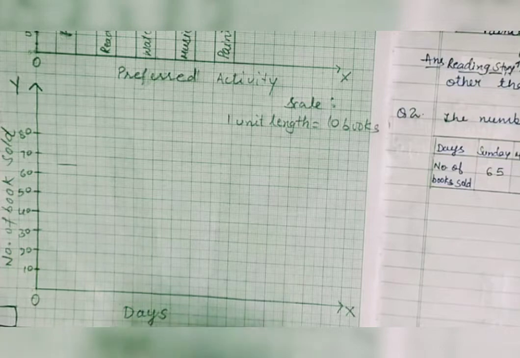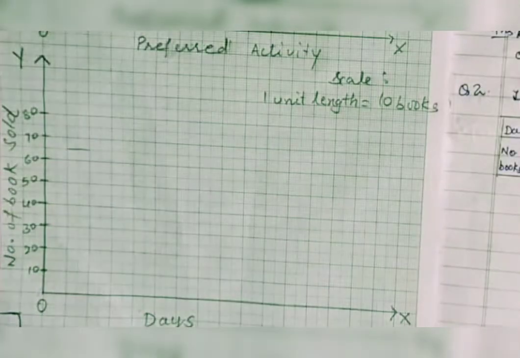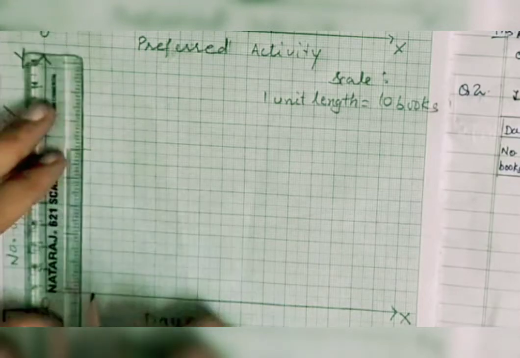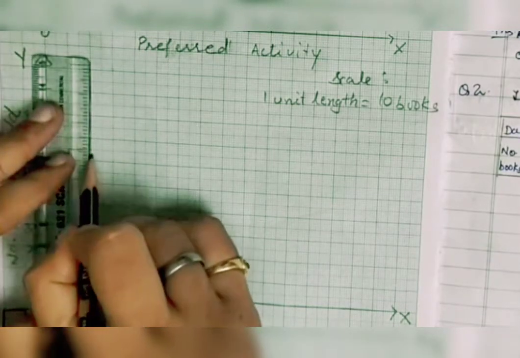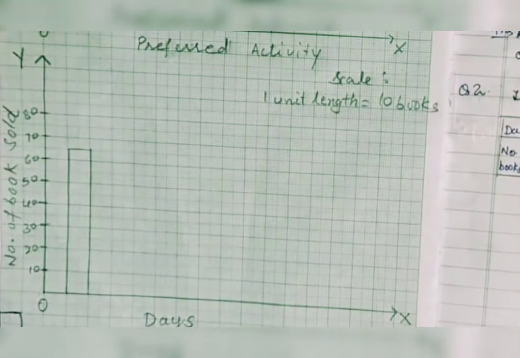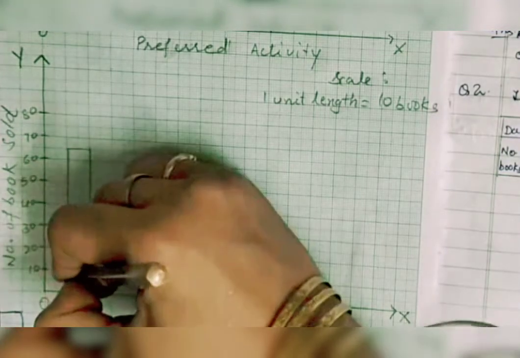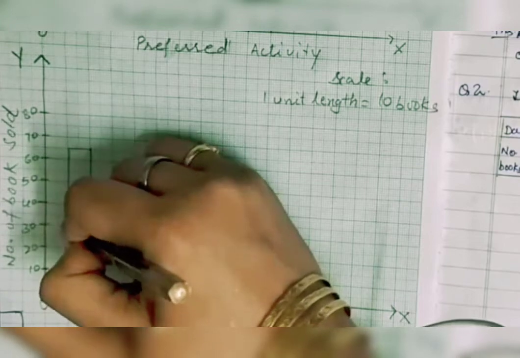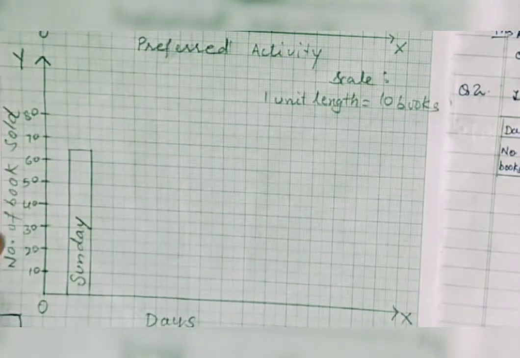Okay, students, the midway line. Now let me draw. So after this, I am making the rectangular bar. I hope it is clear. So we can write here Sunday, which shows that on Sunday 65 books are sold.